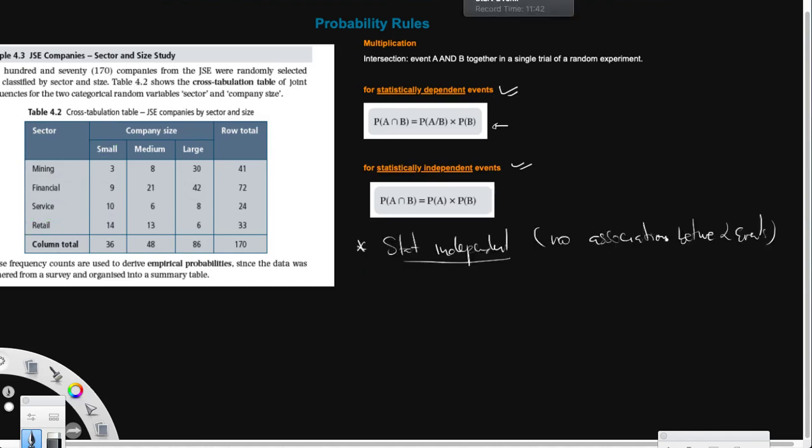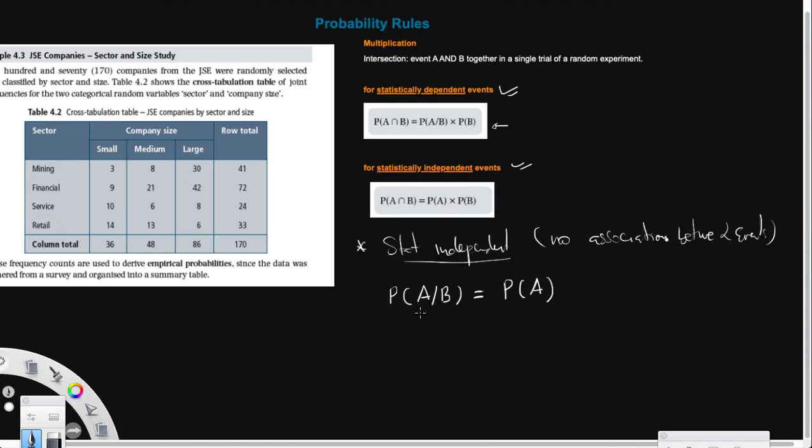So statistical independence means that we don't have an association between the two events. However, this is only true under this condition here, which I'm going to write like this. This is how we actually test for dependence.